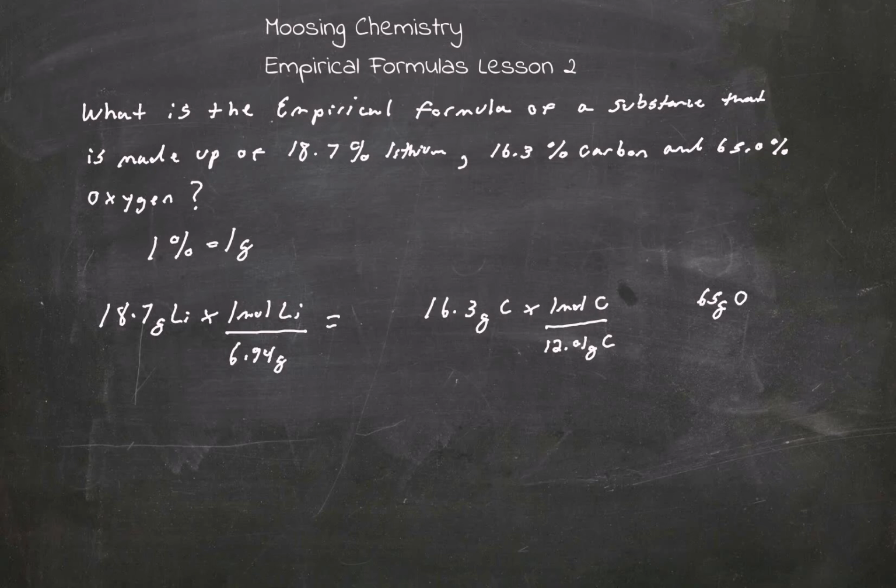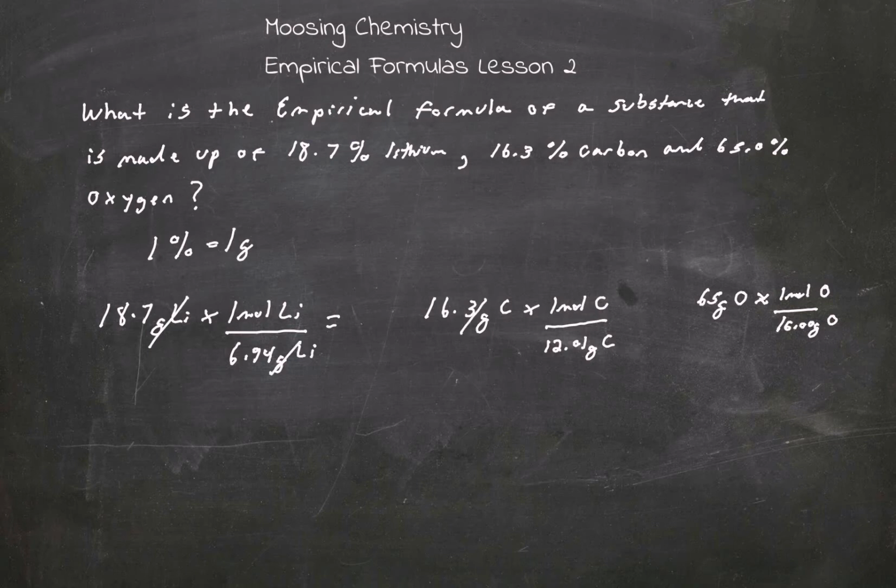Since it's in a formula, we don't necessarily know that it's diatomic, so we're going to treat it as monatomic. So it's going to be 1 mole of oxygen divided by 16.00 grams of oxygen. Basically it's 15.99, but we just round it off to 16 to make things easier. So we cancel out our grams.